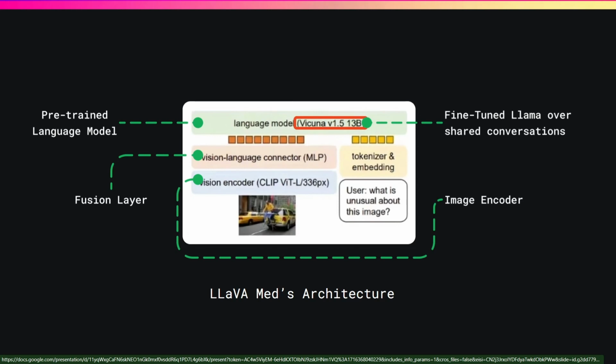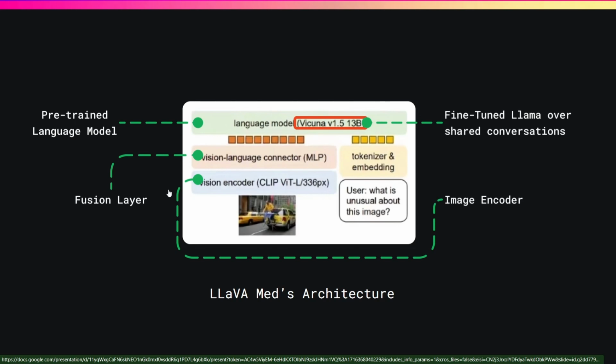For the image encoder, we are using a vision transformer, and we are using Vicuna 1.5 13 billion as the pre-trained language model. Vicuna is an LLM based on Llama 2 that is fine-tuned over shared conversations. And then we have a fusion layer between the image and the text space.